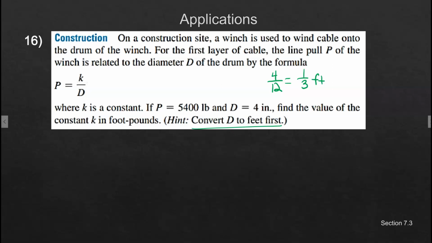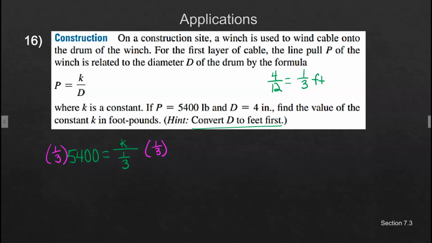Okay, so we're going to put the numbers in, right? 5,400 for P. And K is our constant, that's the part we're looking for, and 1/3 is in our denominator. So that's kind of a little bit of a different looking formula. To solve for K, we need to get rid of that denominator so we can multiply by it on both sides.